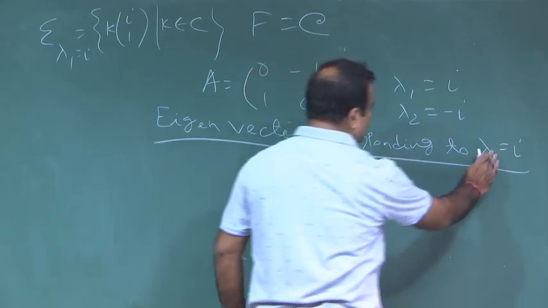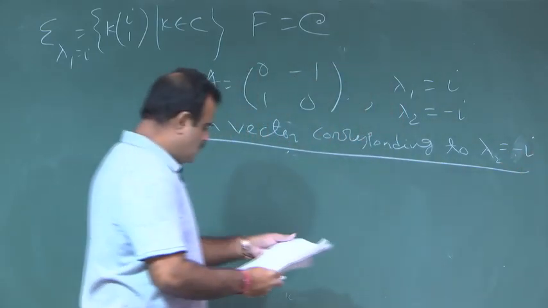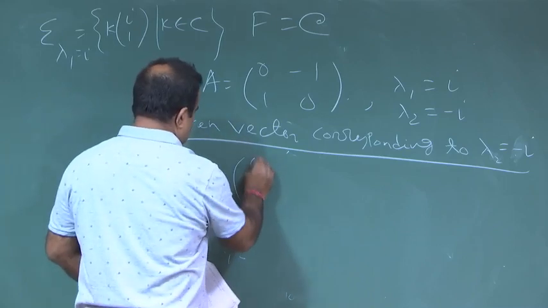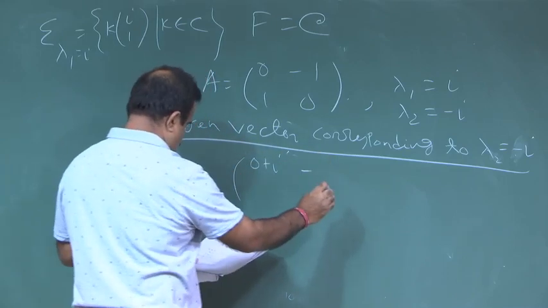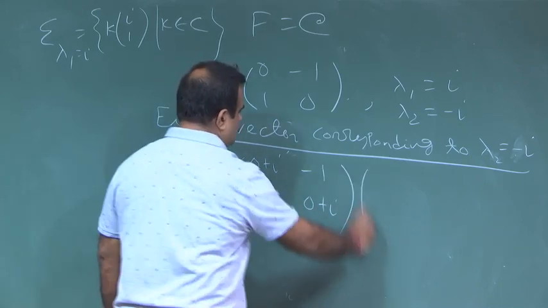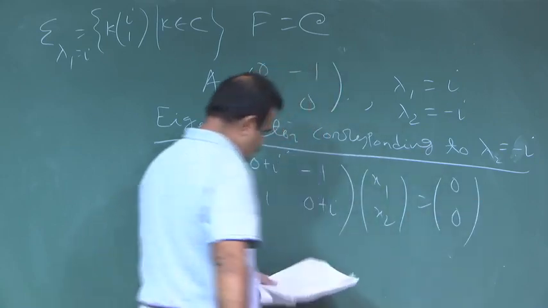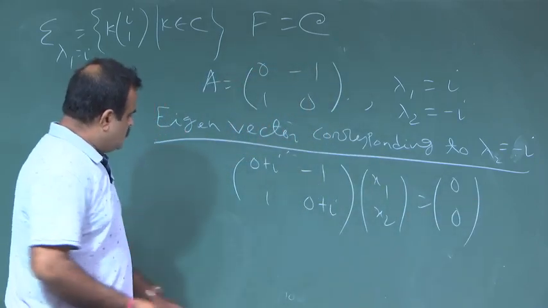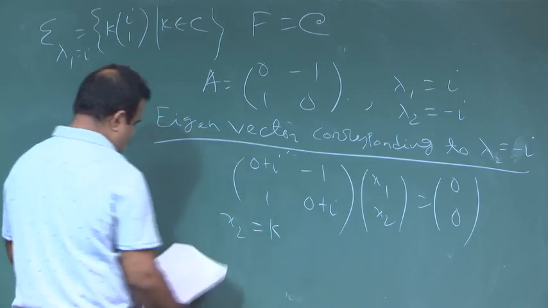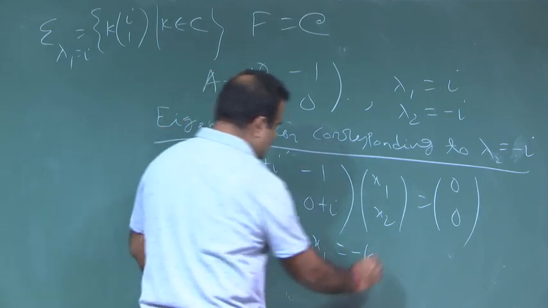So, corresponding to lambda 2, which is minus i, if we do that, we get the equation 0 plus i, minus 1, 1, 0 plus i, times x1, x2, equal to 0, 0. This gives x2 equal to k and x1 equal to minus k i.